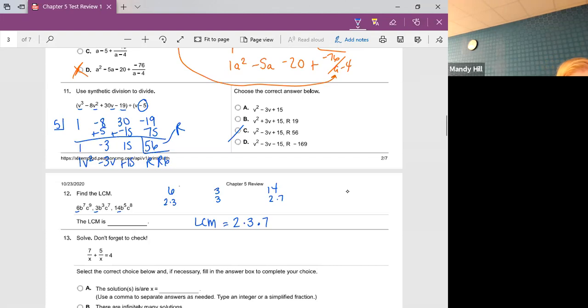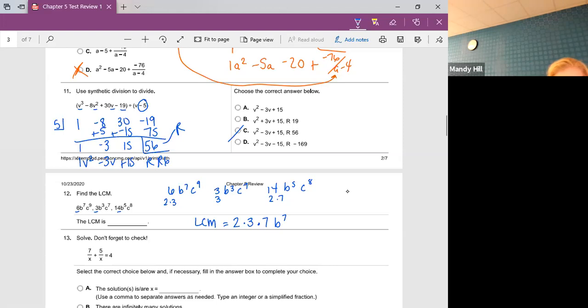Okay, then you worry about your variables. You've got a b to the 7th, a b to the 3rd, and a b to the 5th. Which one's bigger, b to the 7th, b to the 3rd, or b to the 5th? B to the 7th is going to win, right? We've got a c to the 9th, c to the 7th, c to the 8th.